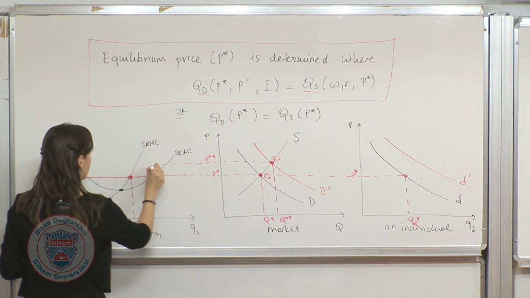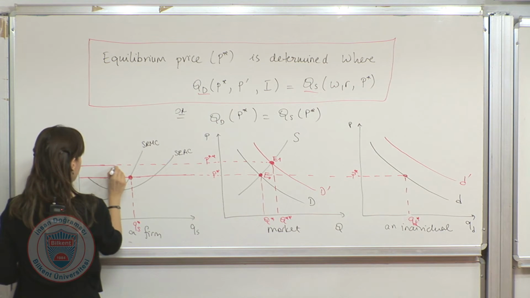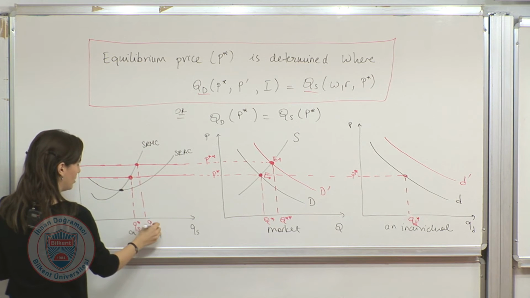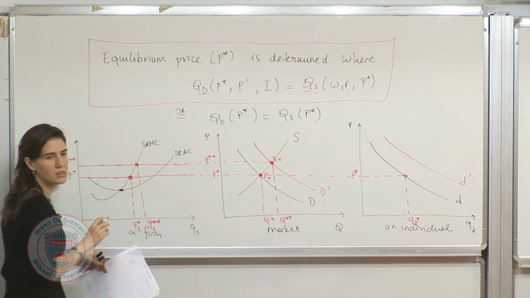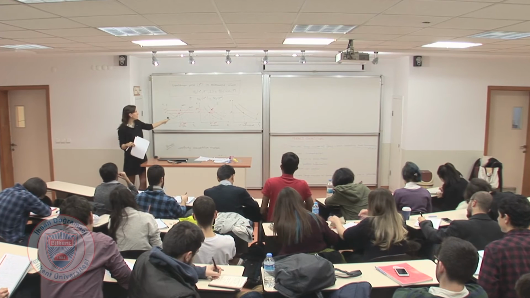And then, of course, we go here, and this is going to be the new individual quantity supplied. Let's call it QS double star. So this we know, this is basically the case.